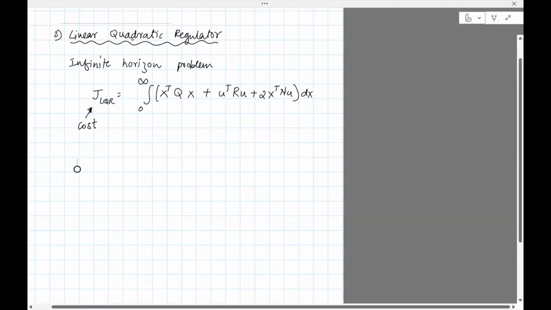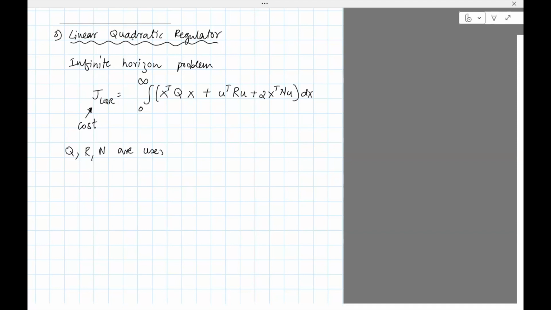So what is Q, what is R, what is N? Q, R, N are user chosen matrices. Okay, you get to choose what you want them to be. X is clearly the state. U is clearly the control.